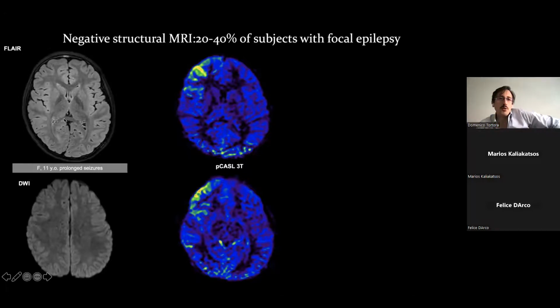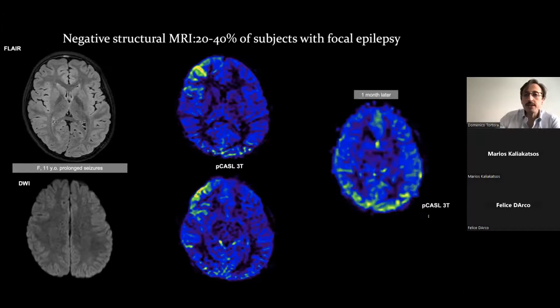For example, this girl, 11 years old, presented with prolonged seizures, no lesion on FLAIR, no restricted diffusion on DWI, but you can see very well on PCASL the presence of hyperperfusion in the right frontal lobe. And it's important to know that these perfusion abnormalities are no longer visible if you perform a follow-up study in the interictal state.